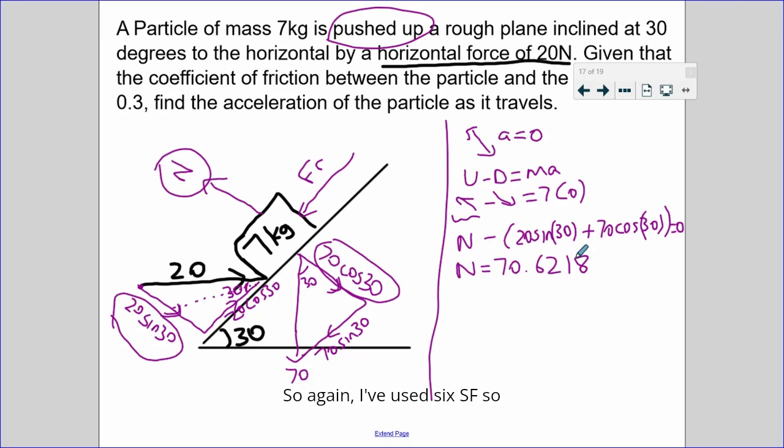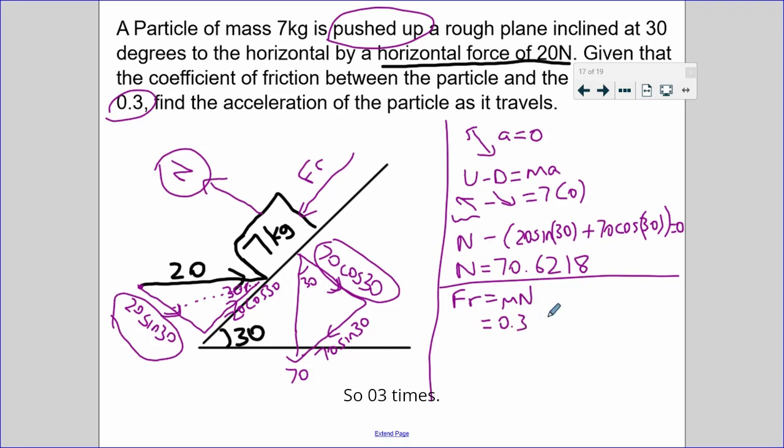Okay, so again, I've used 6SF so that we don't make a rounding error in the final answer. Ideally, you can save your answer in the calculator and use that again. If you don't know how to do that, watch my video on saving values in the calculator. Anyway, so we've got n here. Now we had the coefficient of friction 0.3, so we can use that to find our friction.